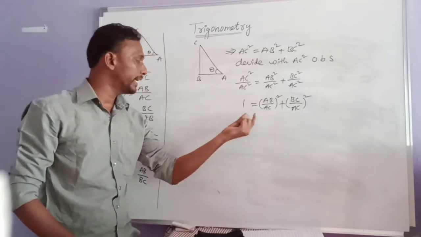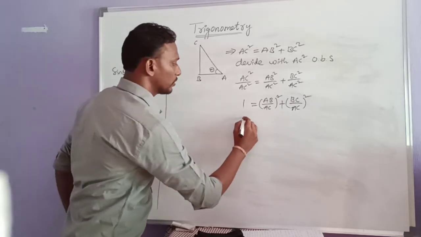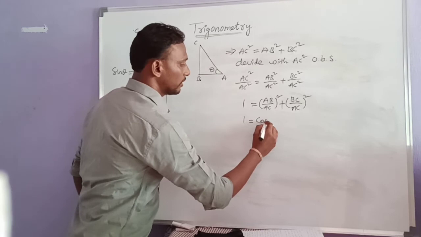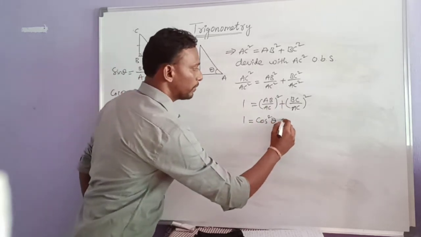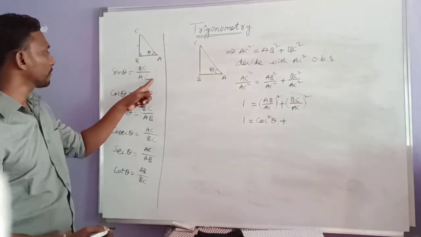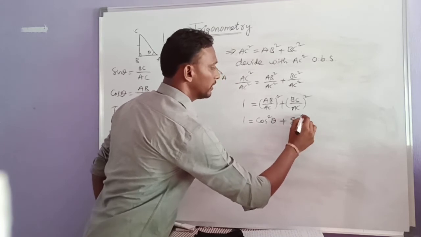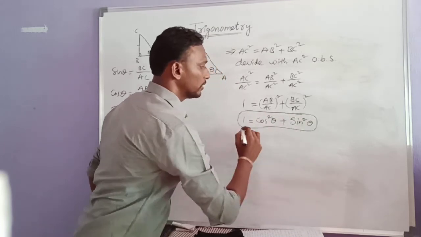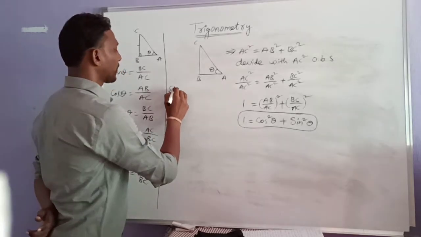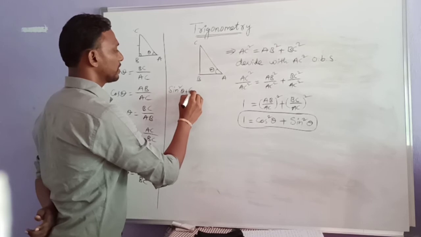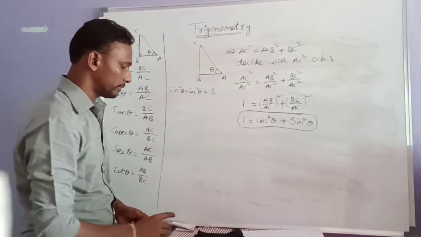See here, AB by AC is nothing but cos theta only. So 1 equals cos square theta, plus BC by AC, which is sin theta, so sin square theta. So the first identity we can consider here: sin square theta plus cos square theta is equal to 1, right?